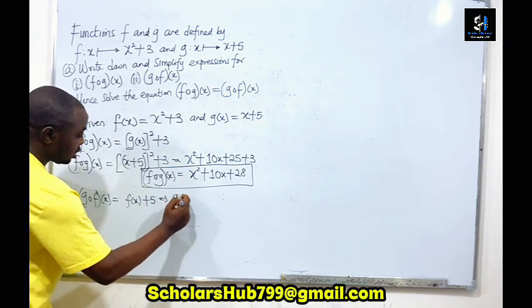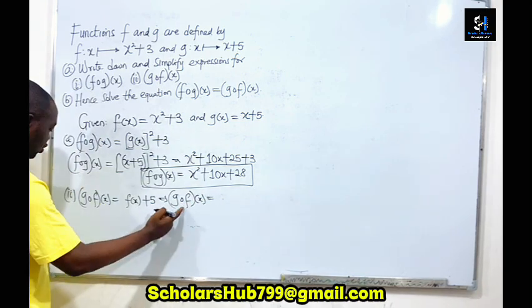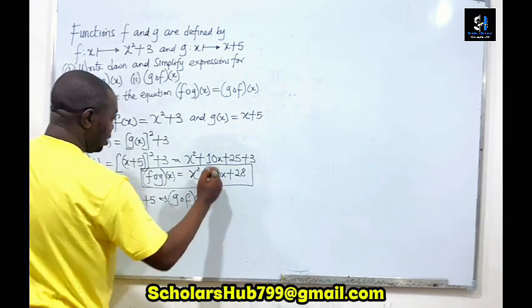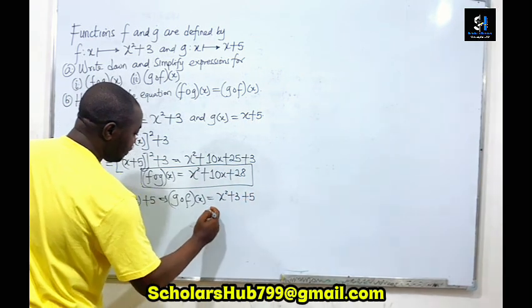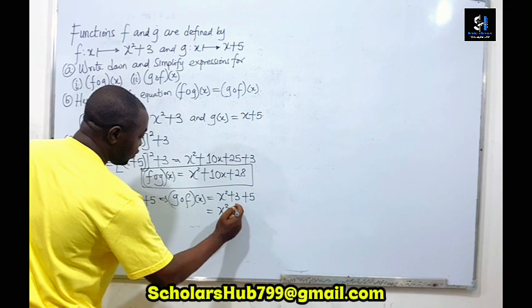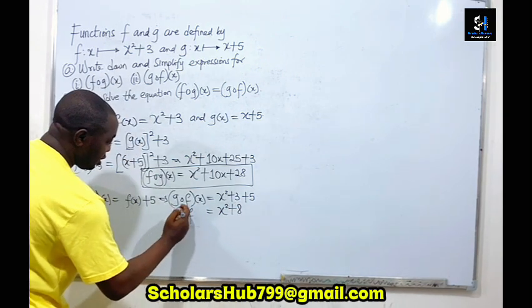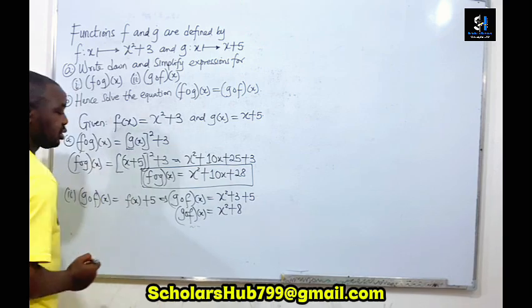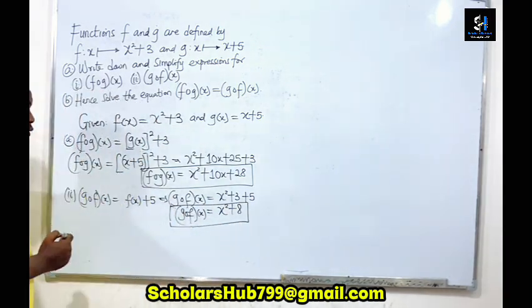So the expression for gf of x, this composite function, will be x squared plus 3, then plus 5. So this will be x squared plus 8, because 3 plus 5 is 8. So this is the expression for gf of x.